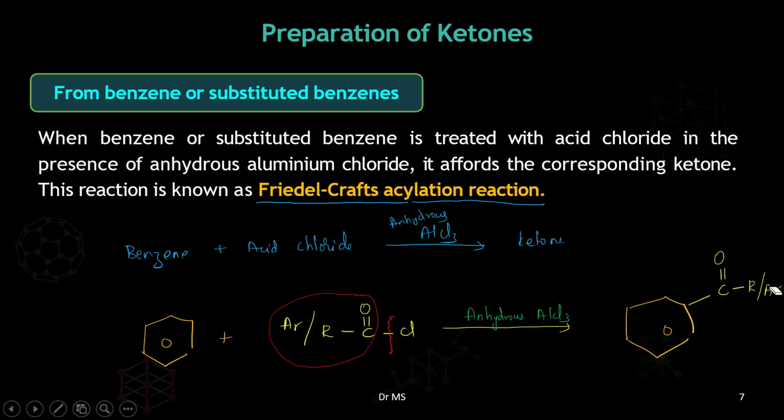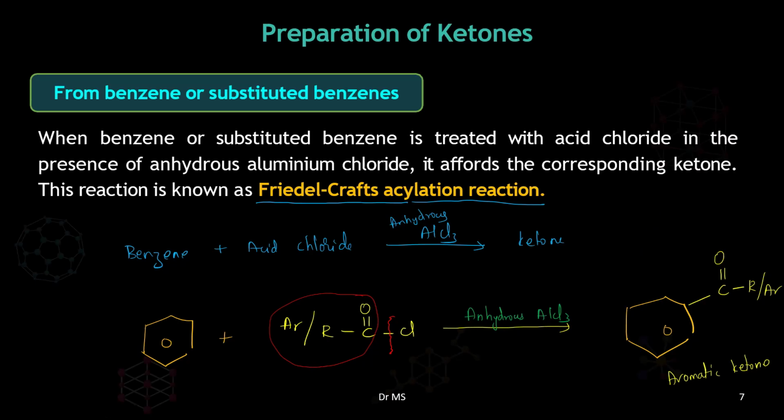The acyl group will directly attach, resulting in an aromatic ketone. This is the aromatic compound and this is C double bond O R dash. So it's like R C double bond O R, which is a ketone. Understood?